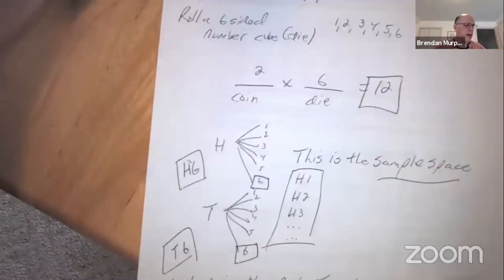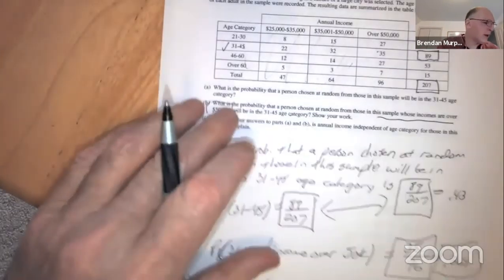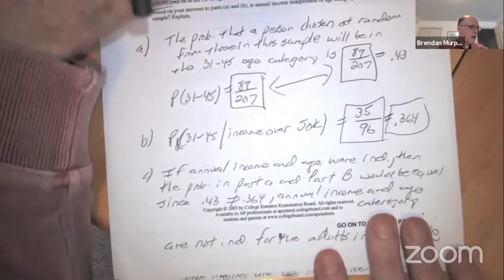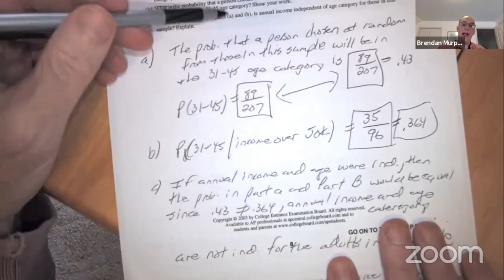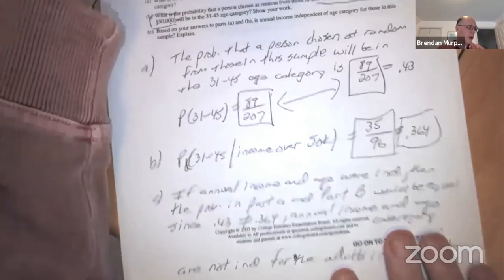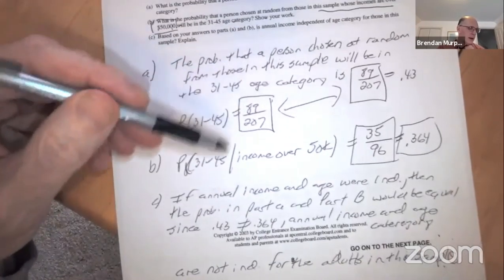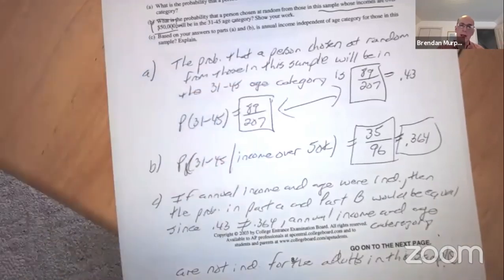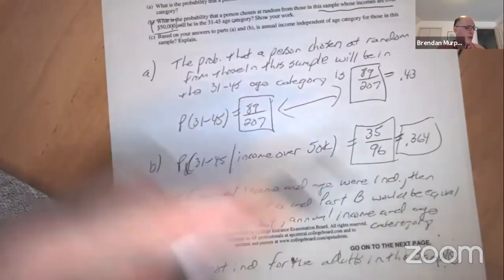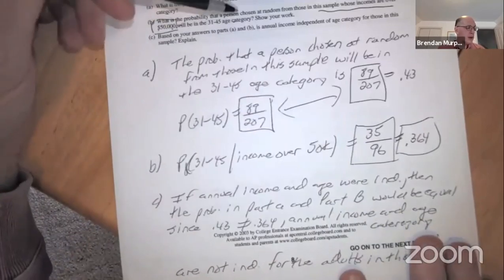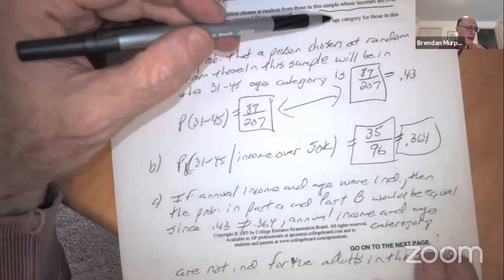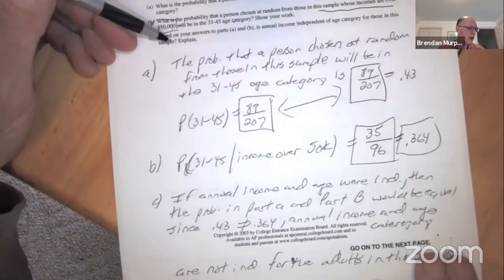So going back to that problem that we were working on with annual income and age, it says, based upon your answers to part A and B, which feels pretty typical. We've calculated two probabilities here, and sometimes in part C we want you to tie it all into the problem. Based upon your answers to part A and B, is annual income independent of age category for those in the sample? Explain.